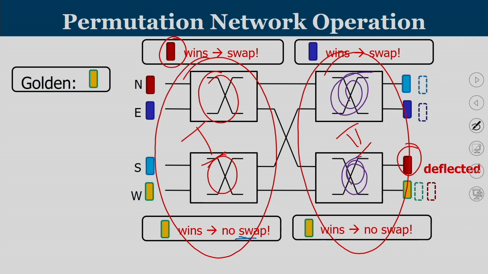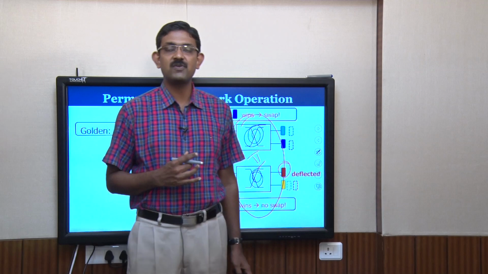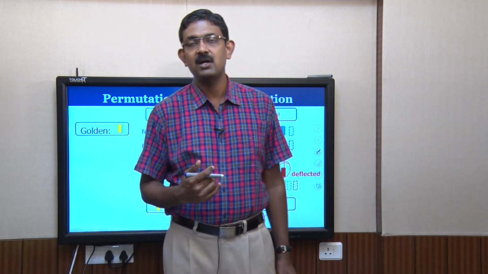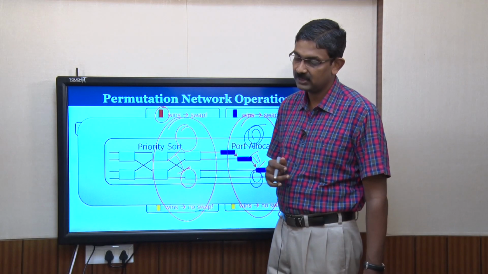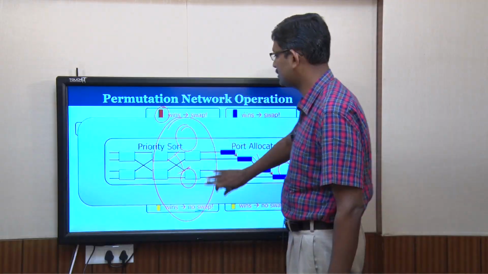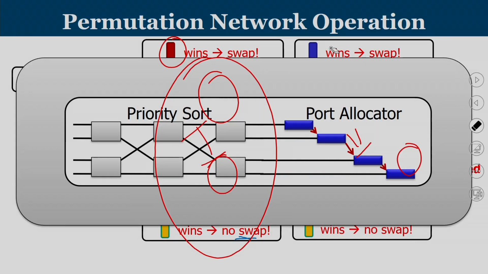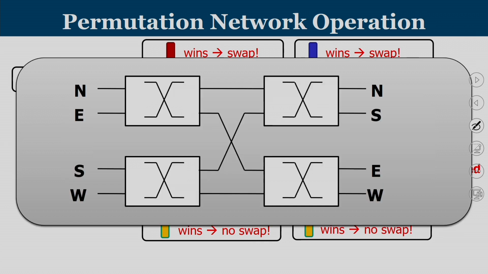So, rather than sequential port allocation, now we have parallel port allocation happening. This parallel port allocation works because we are not looking for a total order of flits, we are only looking for a golden flit and the rest. So, what we are going to achieve with the whole thing is to replace a priority sorting and a port allocator with a permutation deflection network.